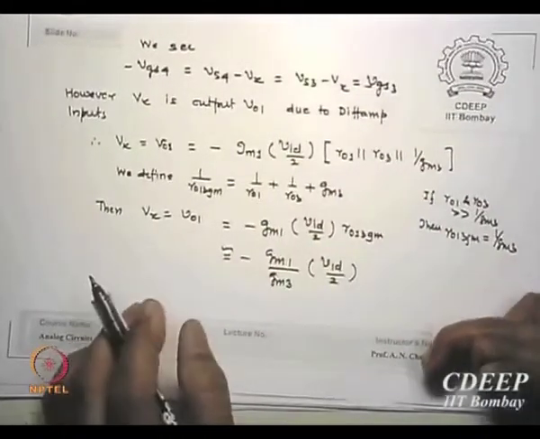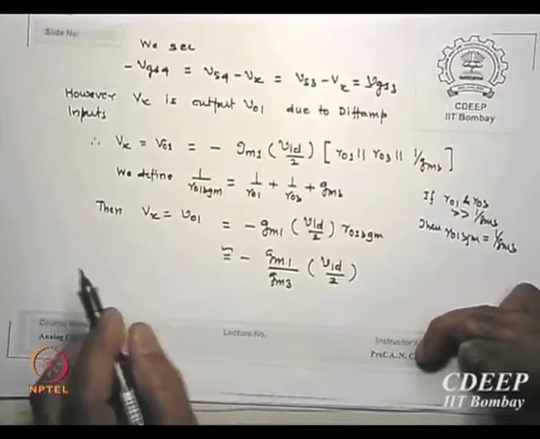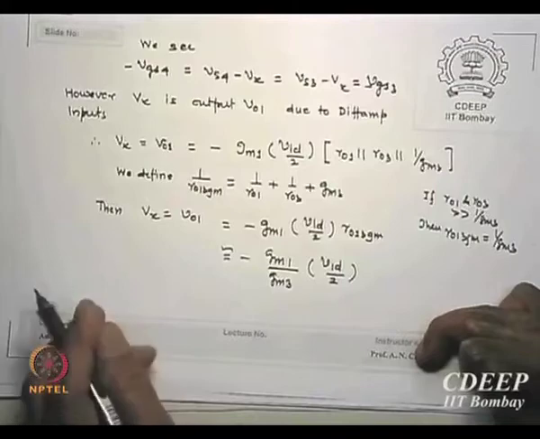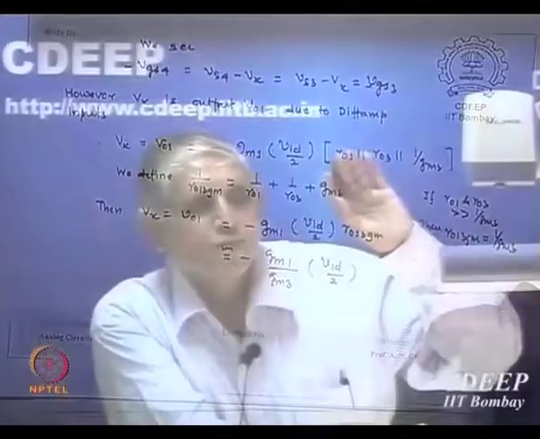Please remember Vx is the output of the first M1 M2 amplifier with M1 receiving VID by 2. Please check what I say. VO1 is the output of a diffamp at terminal Vx when M1 receives VID by 2, M2 receives minus VID by 2. Is that correct?